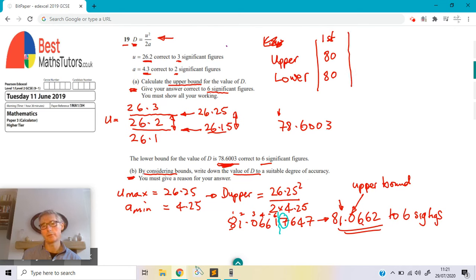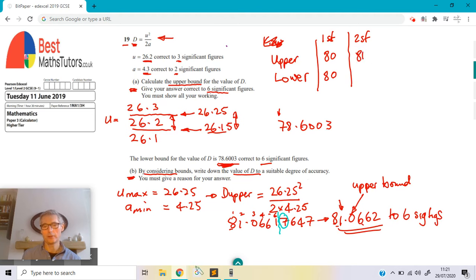If we were to write them to 2 significant figures, then this one, the upper bound, would now be cut off after the 1 there at the decimal point, and we can see the next figure there is a 0, so it's just going to be 81.